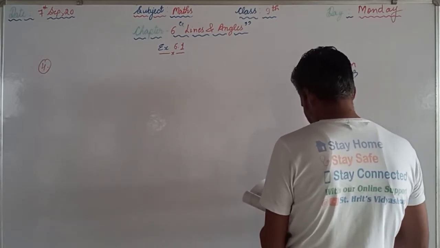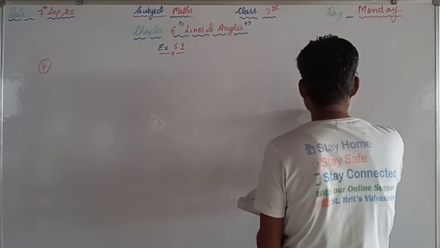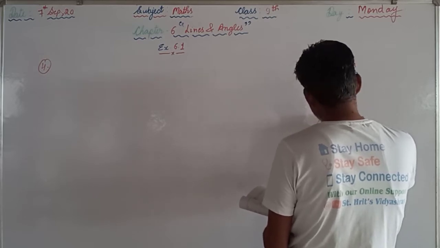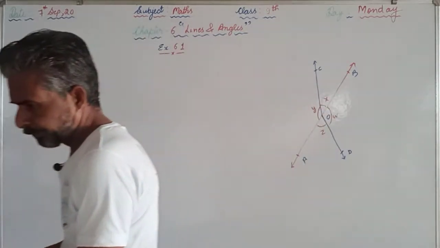At the same time, the angles are given. This is angle X, this is angle Y, this is angle Z, this is angle W. So, what is given?